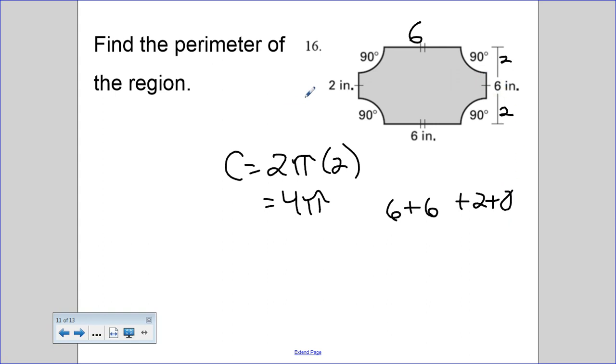These and those. And I get 16. And I'm going to leave my answer like this because it's exact and I like it. So that's the perimeter of that region.